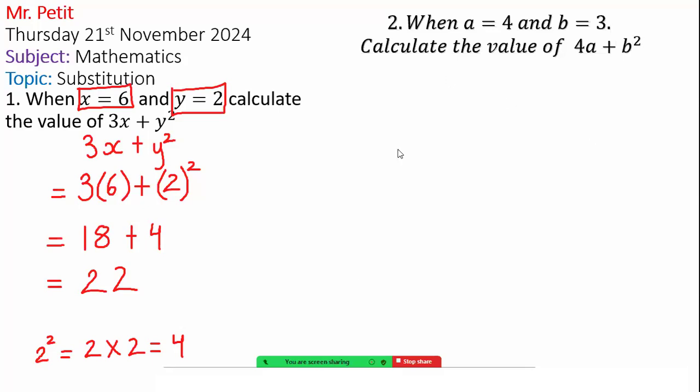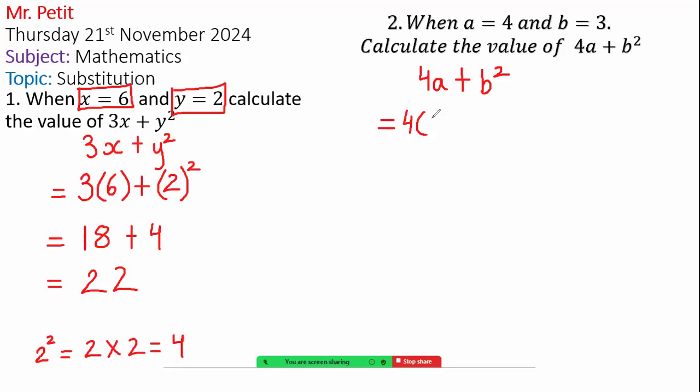All right, so the first thing we do is we write 4a plus b squared. That's going to be equal to 4 times what? What is a?